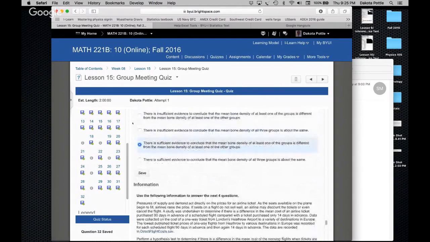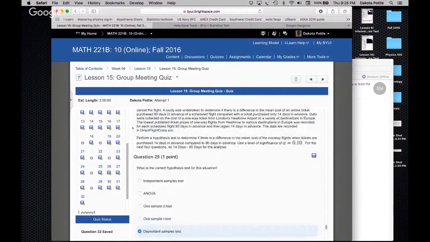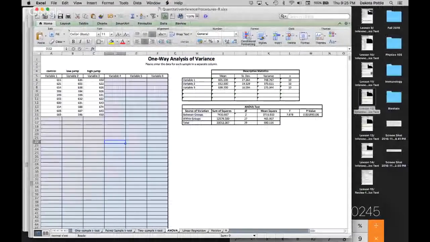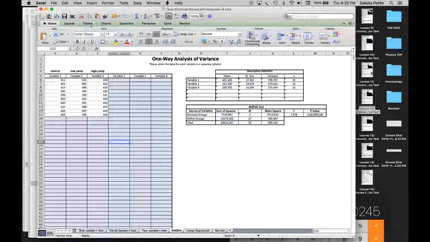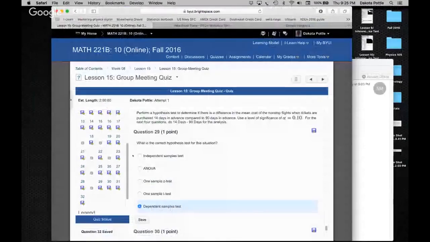Let's see, 29. I put down dependent samples test, and it's asking for the correct hypothesis test for this situation. We're looking at direct flight costs. Is it because they're all flights coming out of the same airport? Is that why you said dependent?